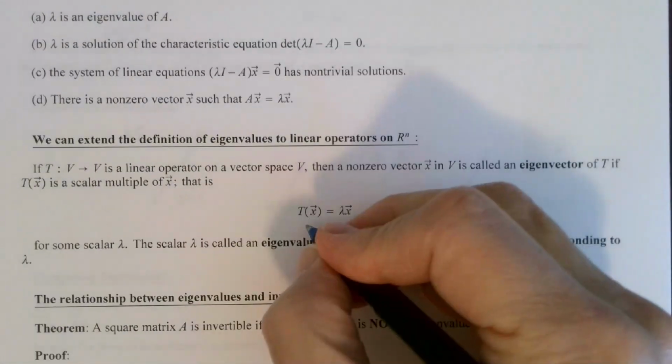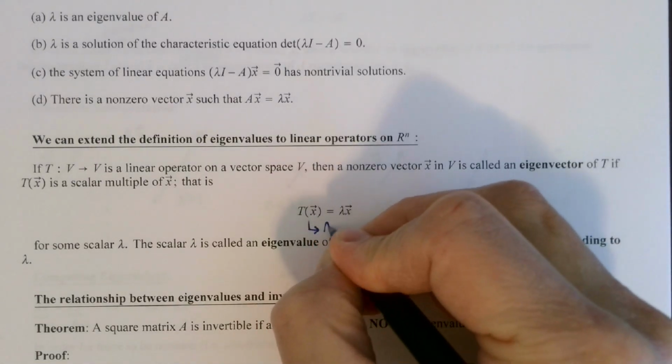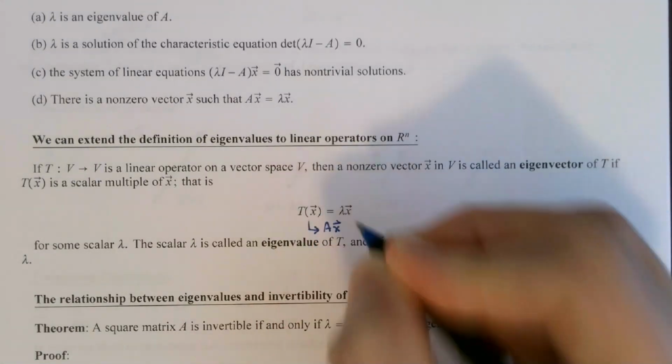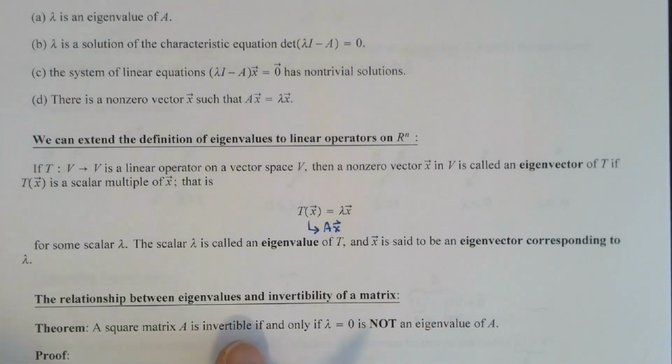And of course, when we think about T of x, that is A times x if it's a matrix transformation. So this is just extending it to a matrix operator.